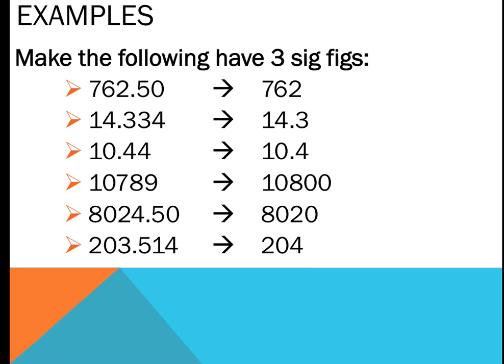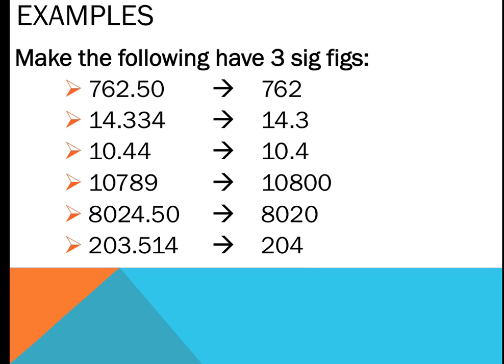If we have 762.50, the third digit that's important, we count from left to right, we have a decimal place, is the 2. The 2 is our target. Behind that is a 5, so even-odd rounding rules would say it'd be 762. Our next value, 14.334. We have a decimal and there's no zeros there, so we start counting from left to right.